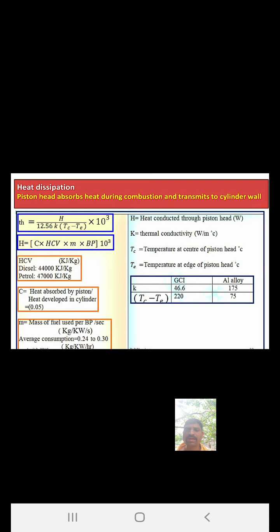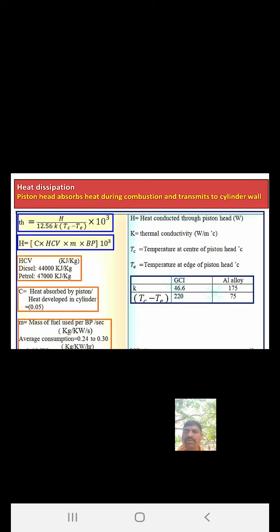Then there are some conditions to avoid the overheating of the piston. How to avoid the overheating? There is a formula: the rate of the heat absorption by the piston from the gases is equal to the rate of the heat dissipation through the piston head to the cylinder wall.